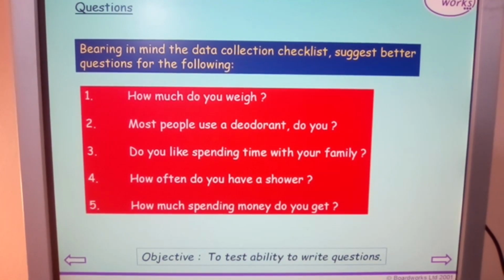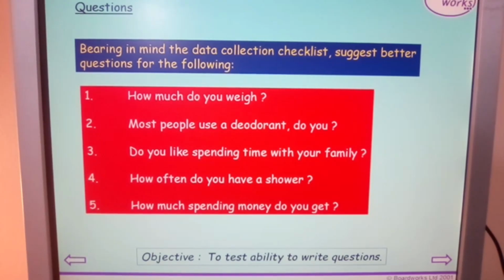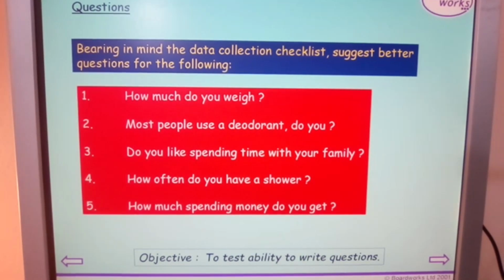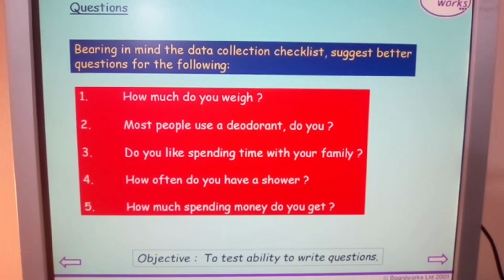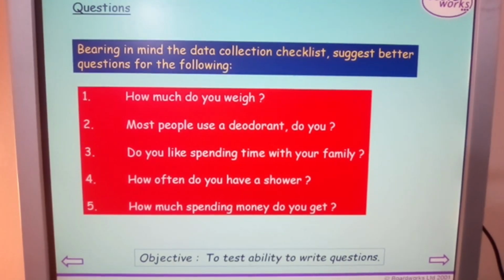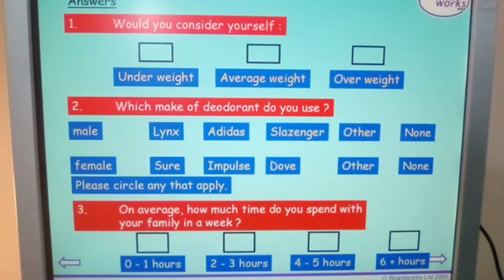Questions. Bearing in mind the data collection checklist, suggest better questions for the following. How much do you weigh? Most people use a deodorant, etc. Do you like spending time with your family? How often do you have a shower? How much spending money do you need to get? Okay, let's see what we have to say.